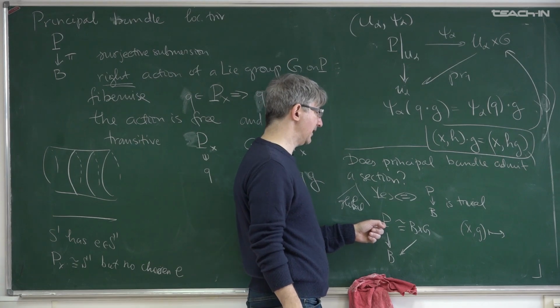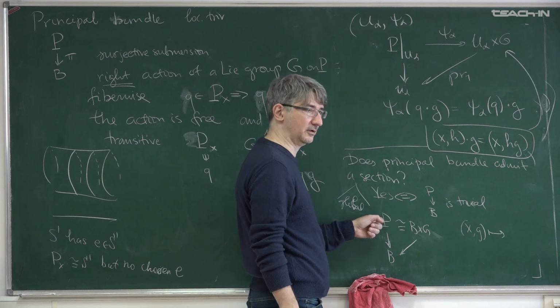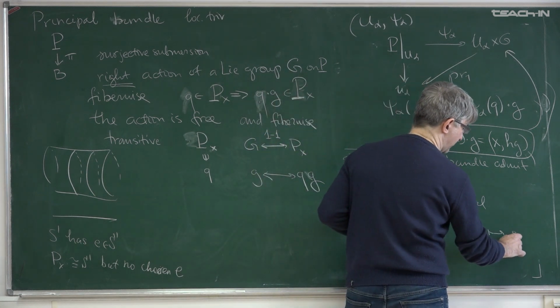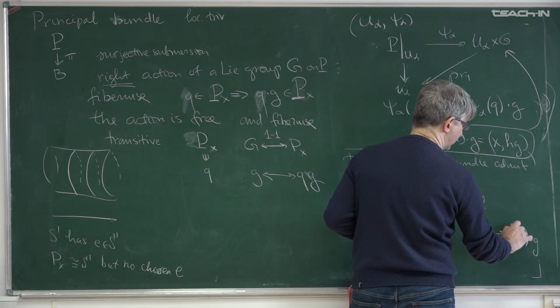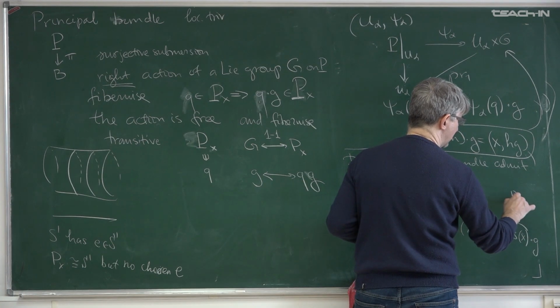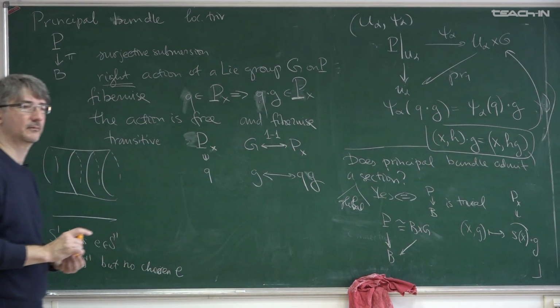What I do, I calculate the section at the point X. I obtain a point here. And then multiply it by G. So this thing belongs to P of X. That's all.